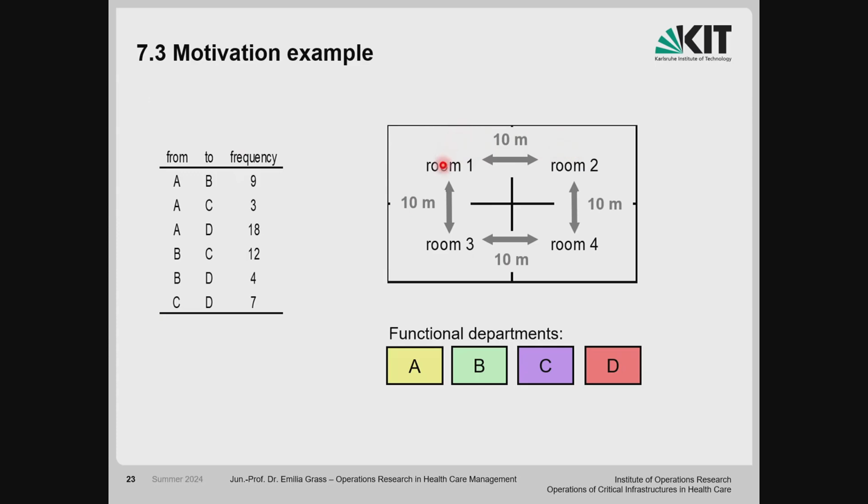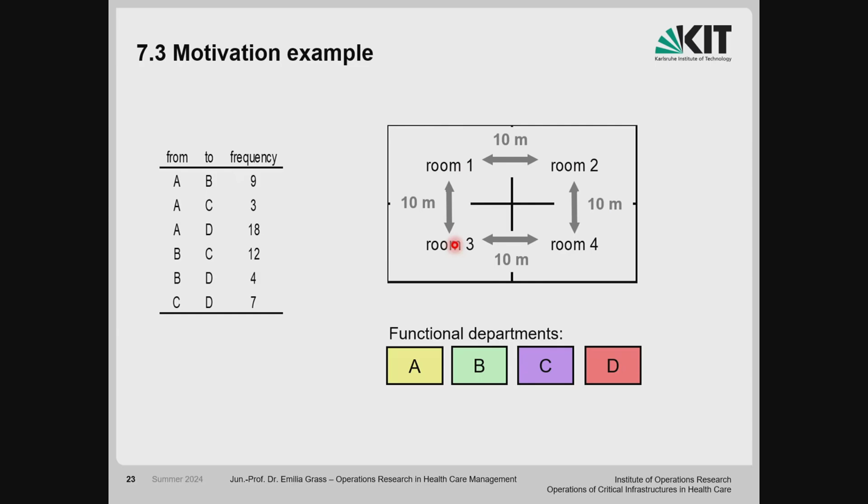So from room 1 to room 2, you need to travel 10 meters, and from room 1 to room 4, you need to go 20 meters. There's a block in the middle, so you cannot cross it, and you always have to go in this or this direction. And then you have these 4 departments.